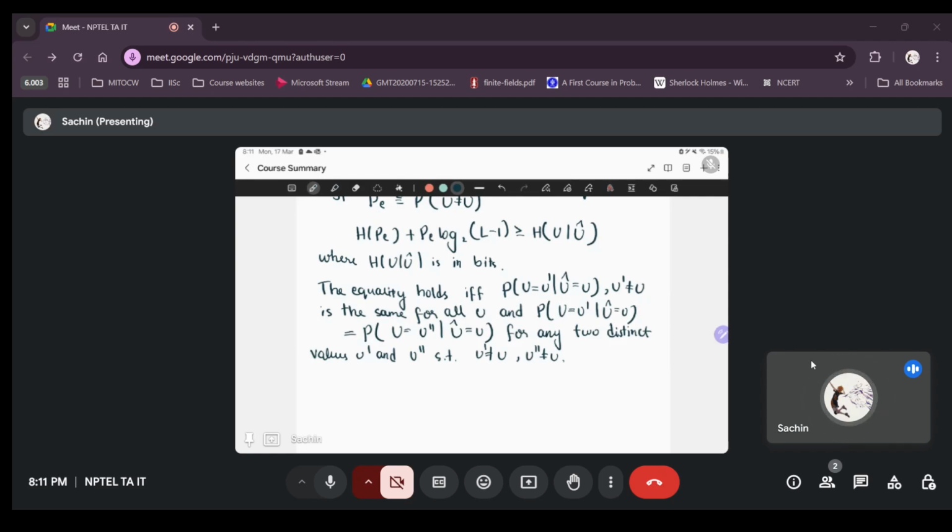You can weaken this result by noting that h of PE is less than or equal to 1.